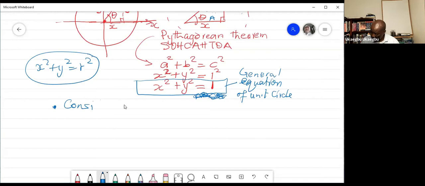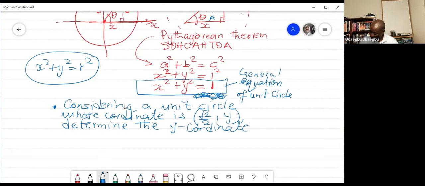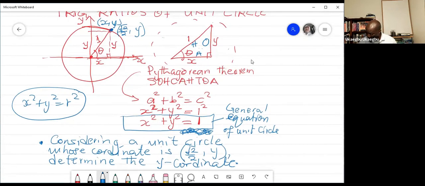Considering a unit circle whose coordinate is, they open the parentheses, square root of 2 divided by 2 comma Y. So determine the Y coordinate so that you know the entire point.